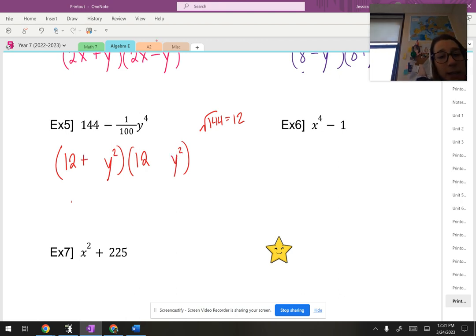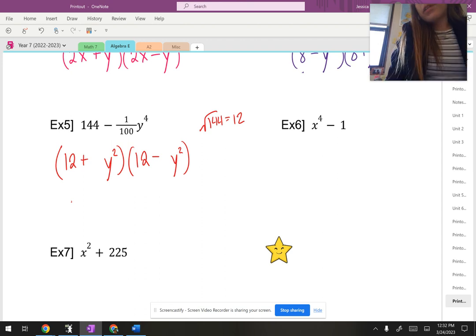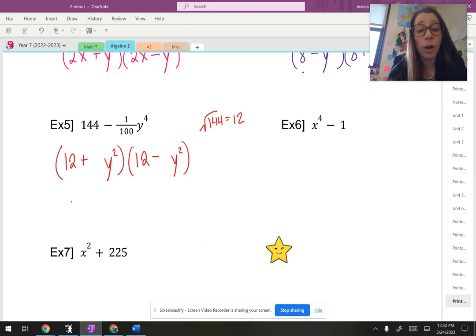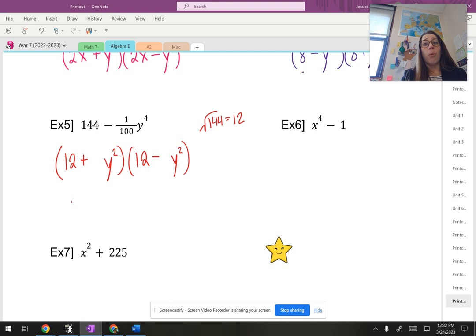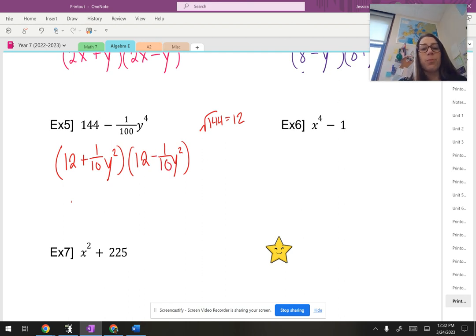I know my signs have to be different. Don't let that fraction throw you up. 1 over 100 would be just like getting 100. Multiplying to get 100 is 10 times 10. So to get 1 over 100 would just be 1 over 10 times 1 over 10. Boom.